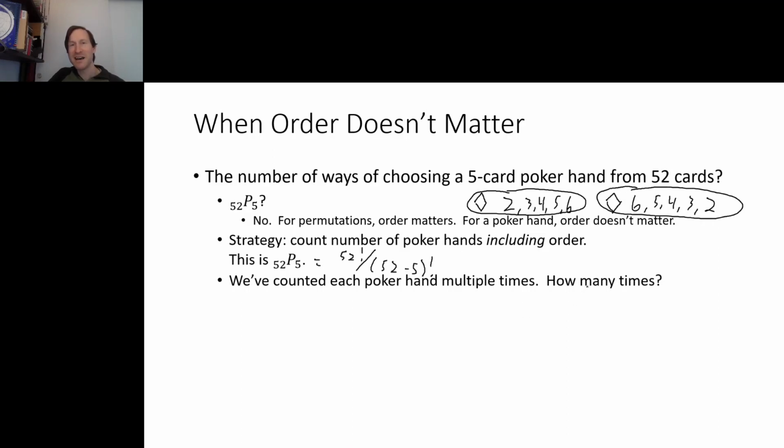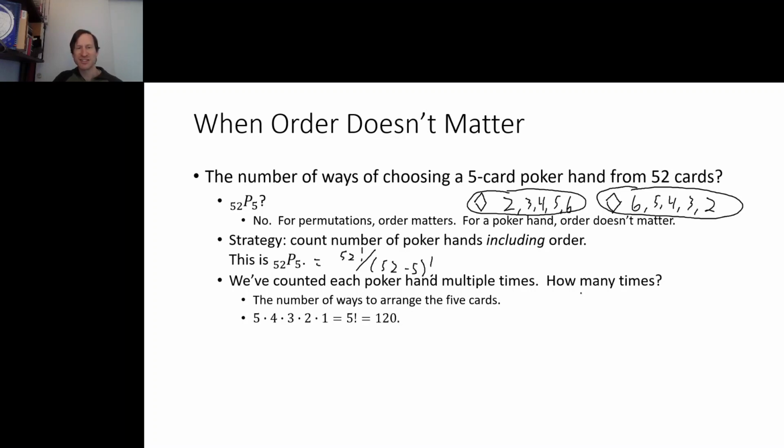So how many times have we counted each poker hand? Well, if you draw 5 cards, every different way of arranging them counts as a different permutation. So what we really need to know is how many ways there are to arrange 5 cards once you've chosen which 5 cards are in the hand.